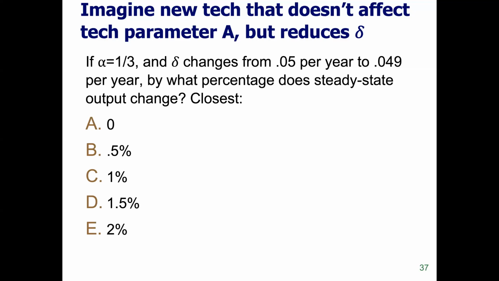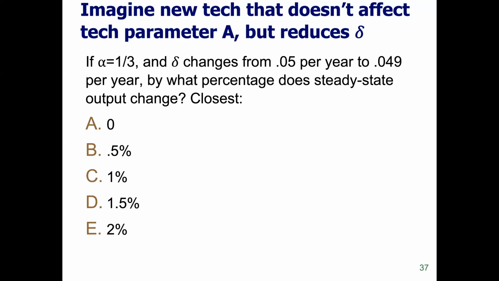And again, you just have to be very clear: that decrease from 5% per year to 4.9% per year is a 2% decrease. Yes, I guess it's a tenth of 1 percentage point, but that's not relevant.